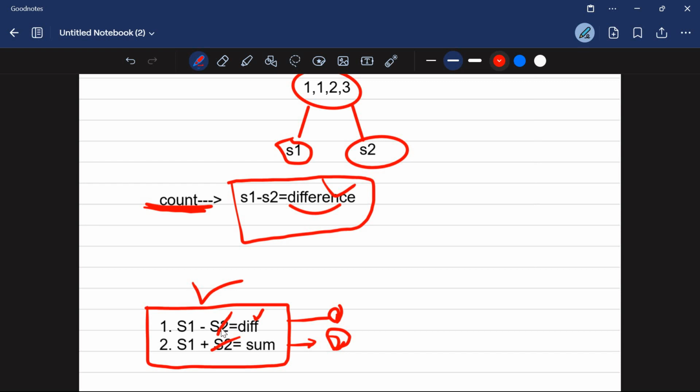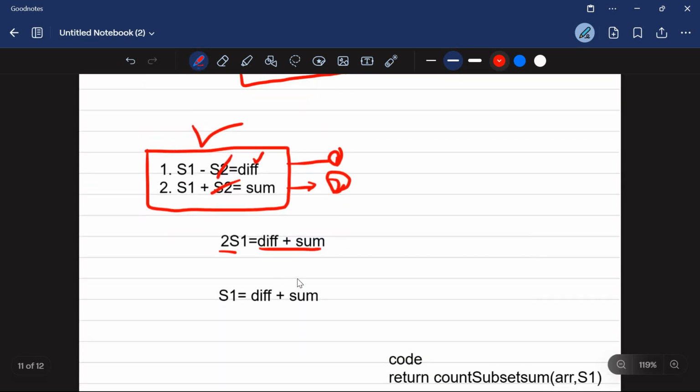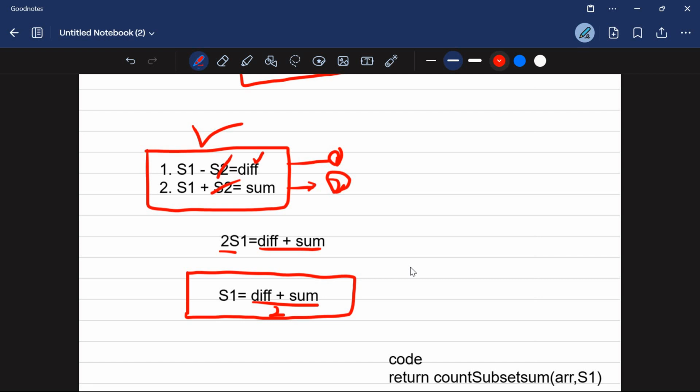So S1 plus S2 equals the sum, and difference plus sum is equal to 2 times S1. The 2 goes to the other side as a divide, and I will get this final formula for S1. This is total math. I hope you know the basic concept of math.